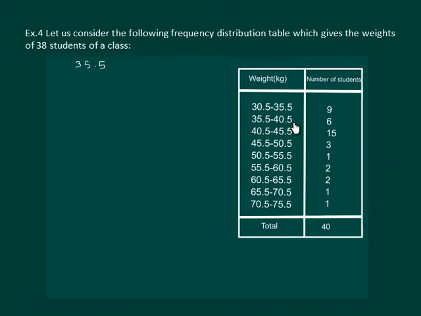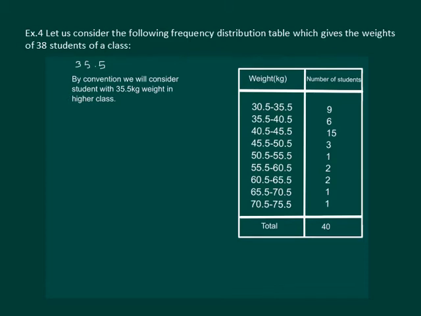Now, in which class should we include this student? If we consider this student in both the classes, then he will be counted twice. So we have to devise a method so that he is counted only once.